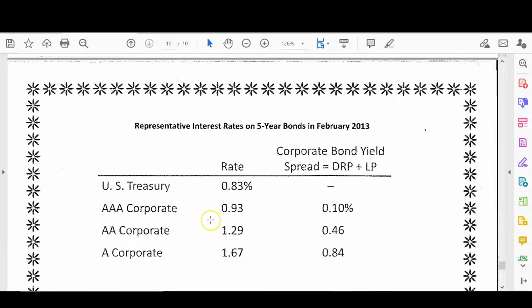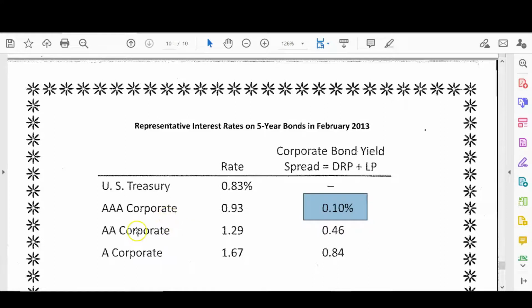Okay. However, when we go to the AAA corporate bond, the interest rate is now higher because it has some default risk and liquidity risk. The default risk premium and the liquidity premium add up to 0.1%. This is the corporate bond yield spread, and this is DRP and LP for the AAA corporate bond.